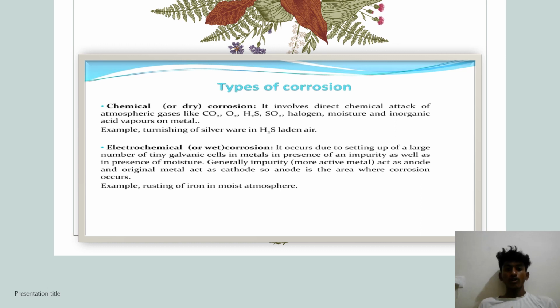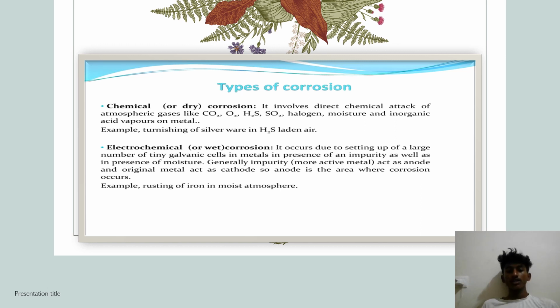Electrochemical or wet corrosion. It occurs due to the setting up of a large number of tiny galvanic cells on the metal in the presence of impurities as well as in the presence of moisture. Generally, impurities act as anode and the original metal acts as cathode.